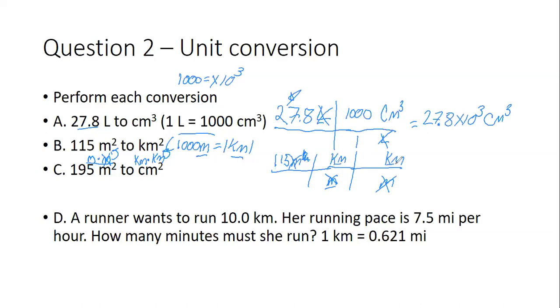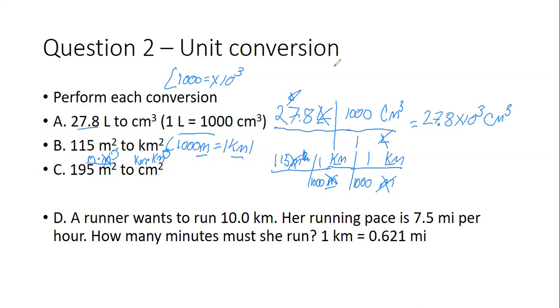My units left over are kilometers times kilometers, which are kilometers squared, which is what I want my answer in. So now I can just put down the numbers, 1,000 to 1, 1,000 to 1. And when you are dividing, if it's on the top, 1,000 equals times 10 to the third.